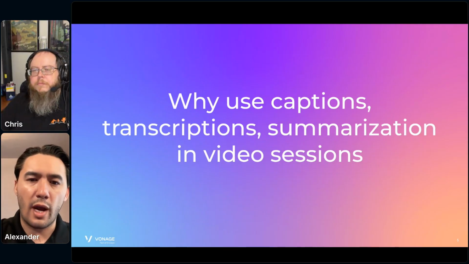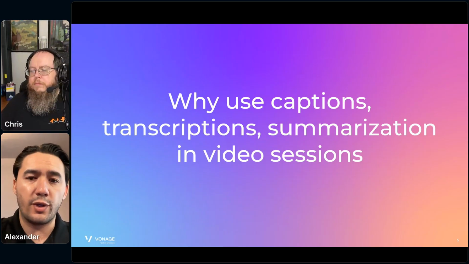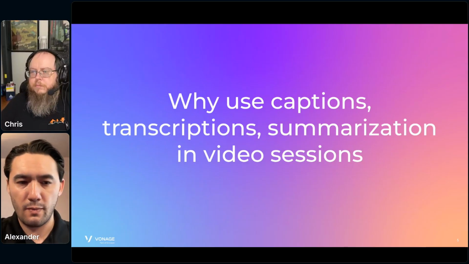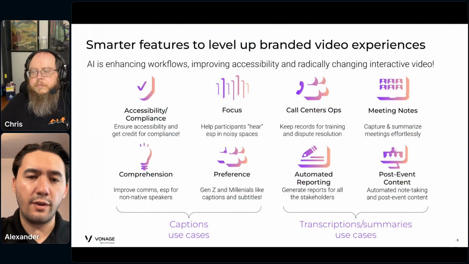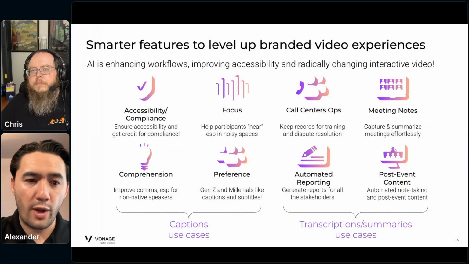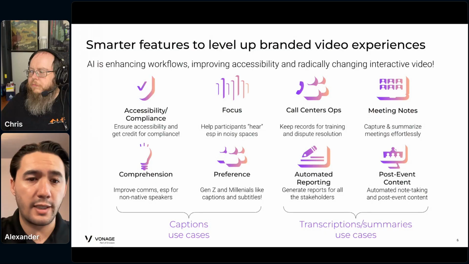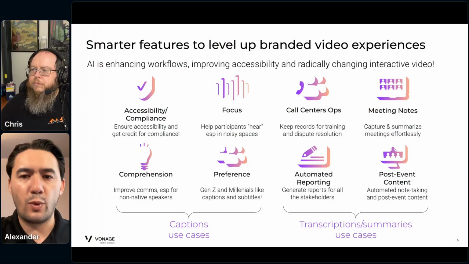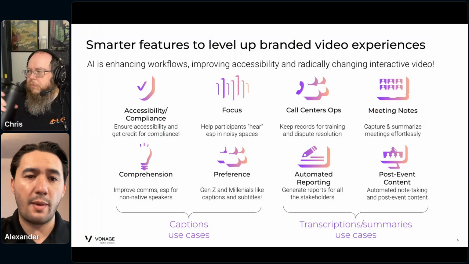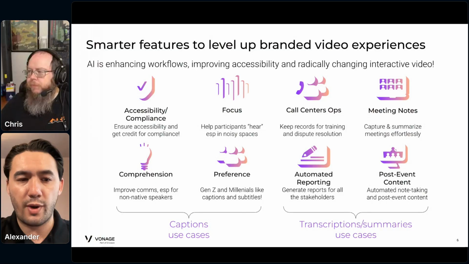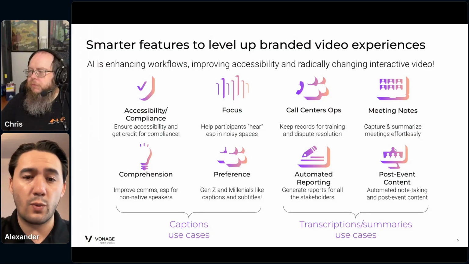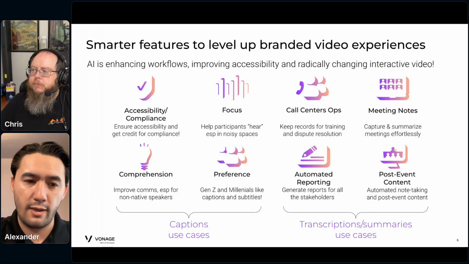Great. So let's talk about why you might want to use captions, transcriptions, and summarization. There are a few different reasons. We can start with captions, since it's becoming a common one from an accessibility and compliance perspective. We're seeing a lot of adoption of captions, both from an ADA and accessibility perspective, where there are some regulations, as well as just in general to help users understand what's being said.